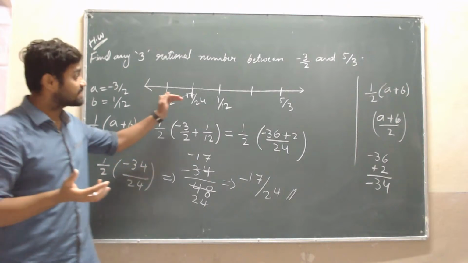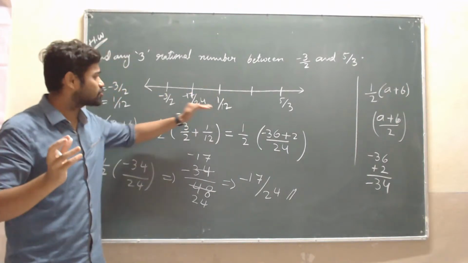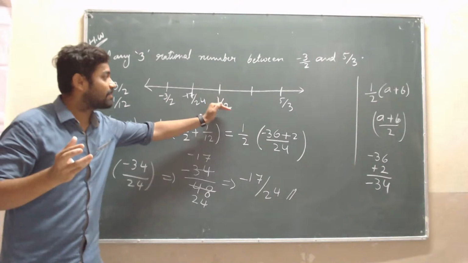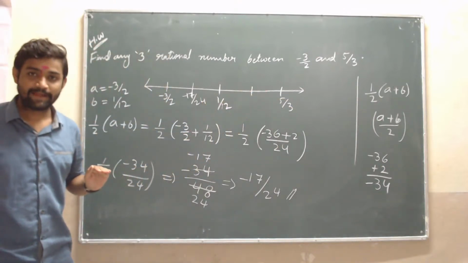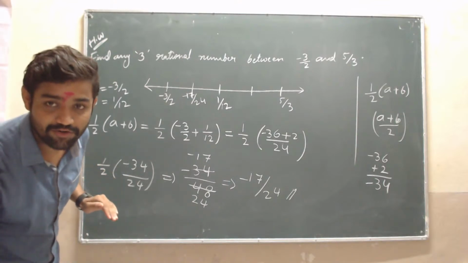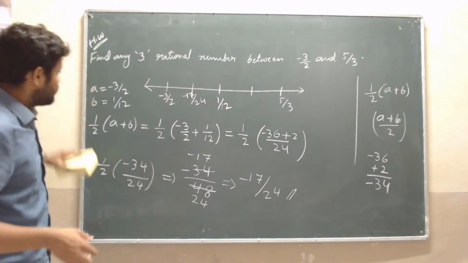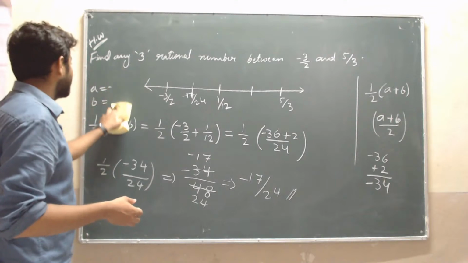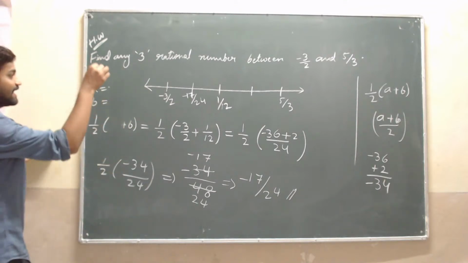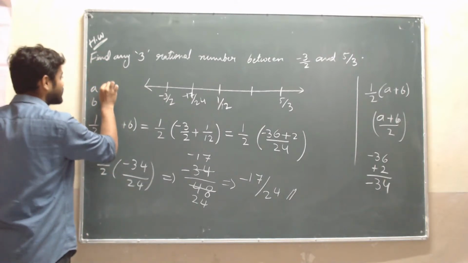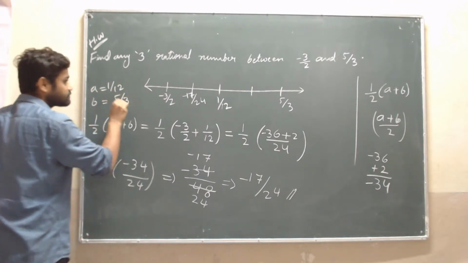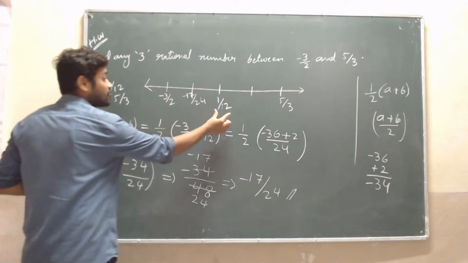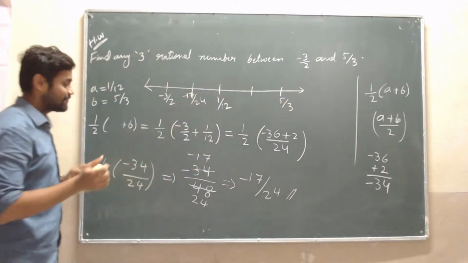But it is simple to take, you will understand, that is 1 by 2 between 1 by 12 and as usual 5 by 3. Suppose I take A as 1 by 12 and B as 5 by 3, between 1 by 12 and 5 by 3.